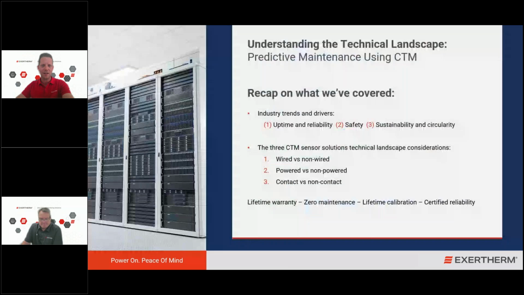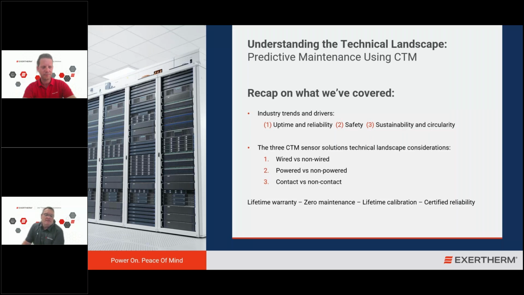With that, I hand back over to Brian. So just to go back over what we have talked about, the technical considerations that we really want to work with you on, and we have to look at each one of these applications individually, is the type of sensors, the pros and cons for wired versus non-wired, powered, energy harvesting, or contact versus non-contact.